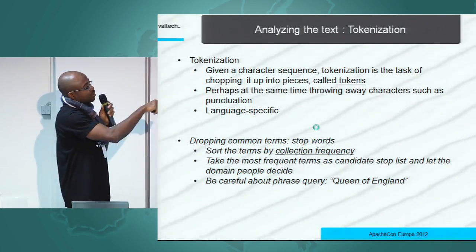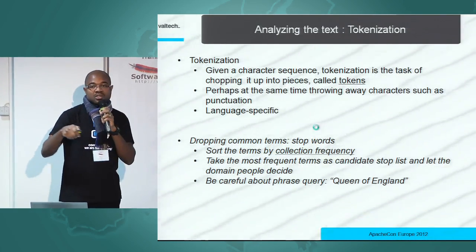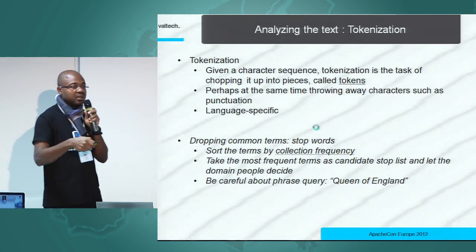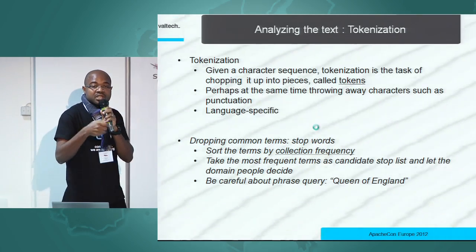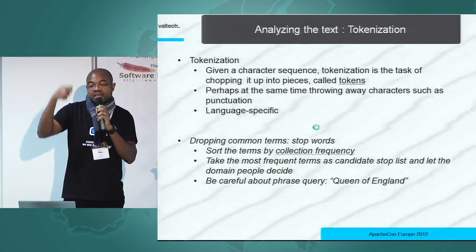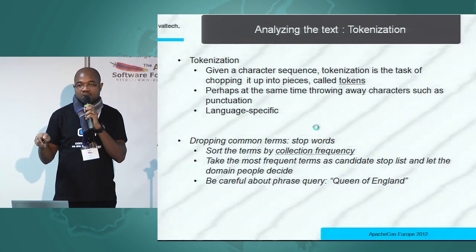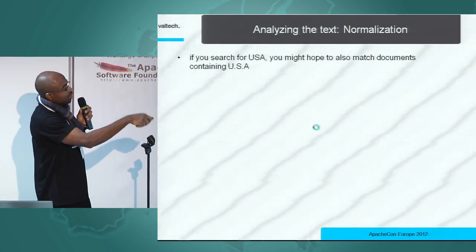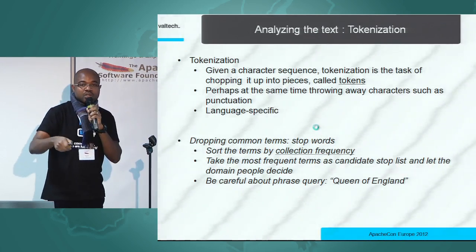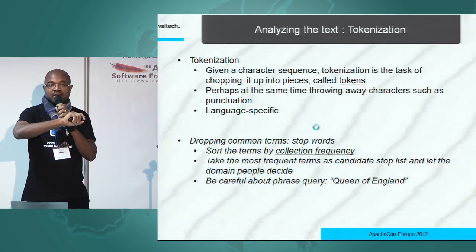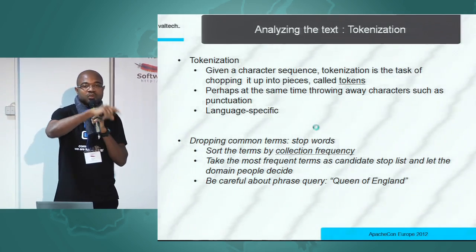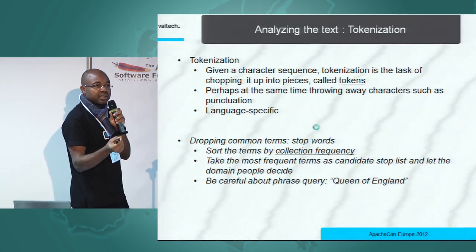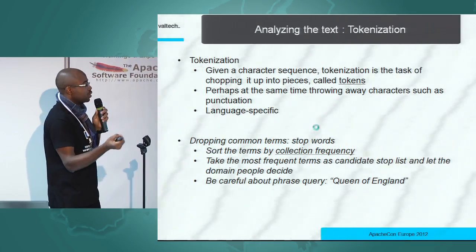During tokenization, you can drop common terms. They are called stop words, like articles and conjunctions. But the strategy is to first index your documents without dropping any stop words. Then you look at the collection frequency: the terms that occur in virtually every document are candidates for stop words, because they have less discriminating value according to the query.